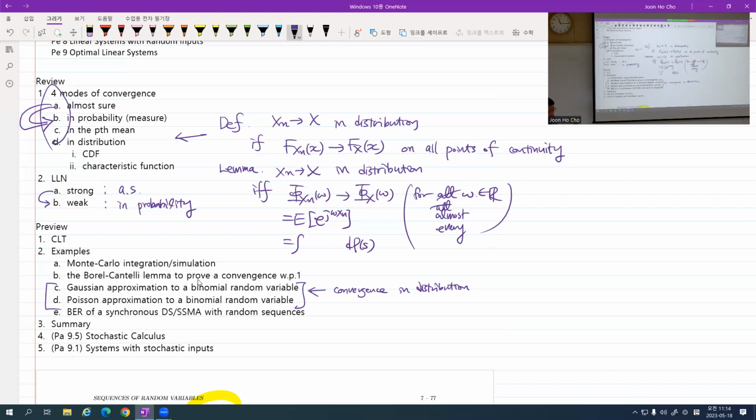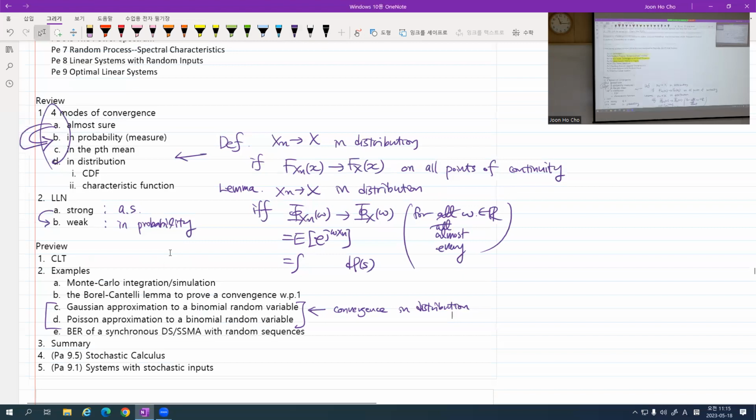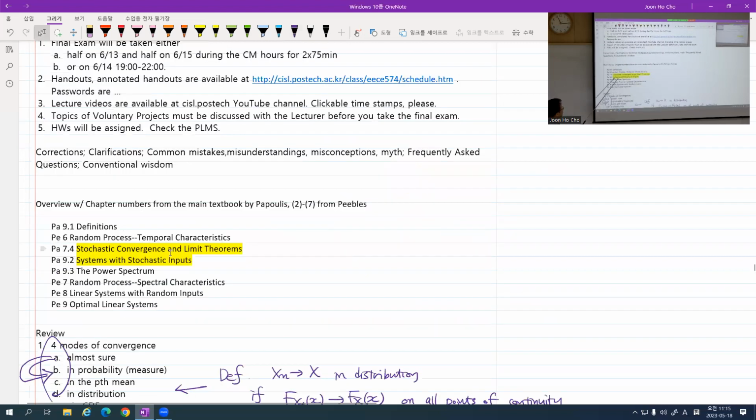So we are going to see some results from stochastic calculus, and then we are going to move to the systems with stochastic inputs. After that, even though we have just 2 weeks away, we are going to study power spectrum and some other topics, which are also very important.